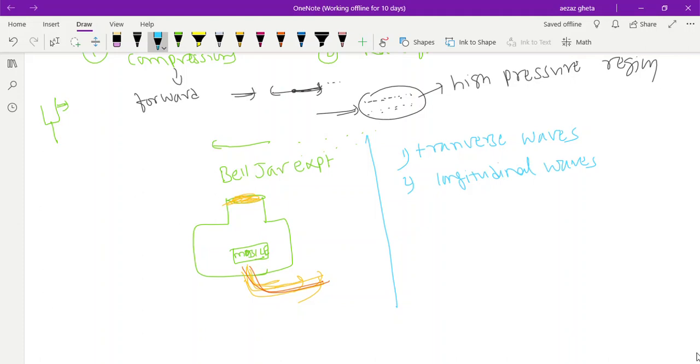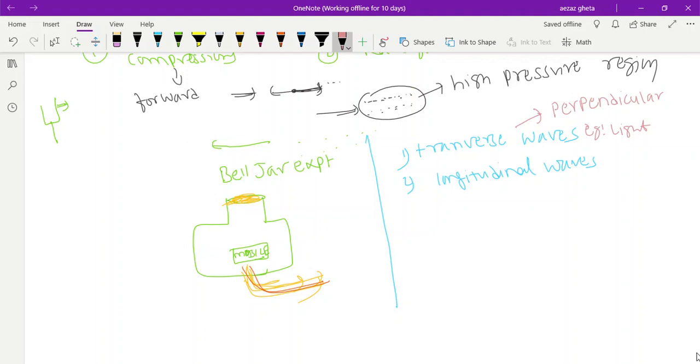So what are transverse waves and what are longitudinal waves? The transverse wave is the wave in which particles of the medium vibrate perpendicular to the direction of propagation of the wave. An example is light waves, etc. So what are transverse waves?